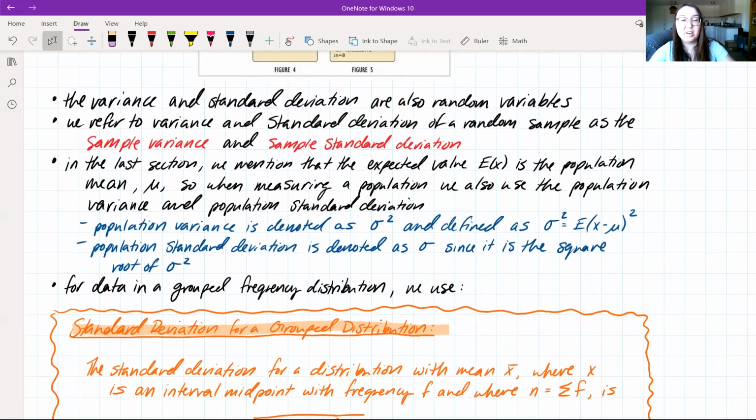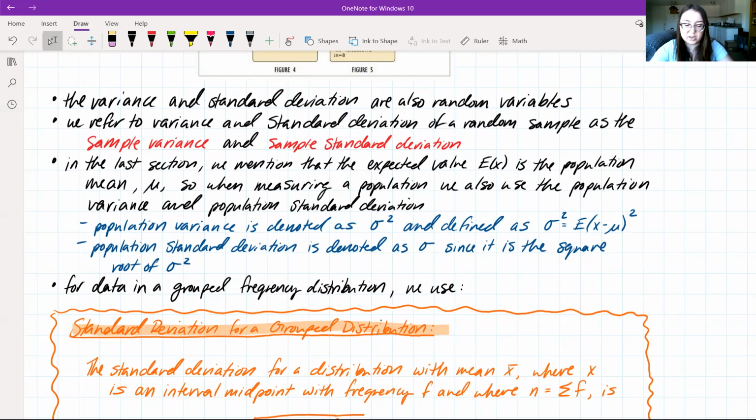All right, so the variance and standard deviation are also random variables. We're going to talk about what random variables are. Remember, we have these values in X, and we assign them numbers, usually 1, 2, 3, something along those lines. So we have random variables. We refer to variance and standard deviation of a random sample as the sample variance and the sample standard deviation.